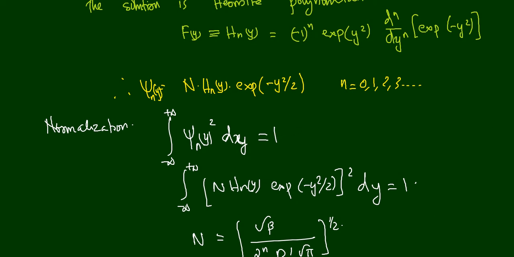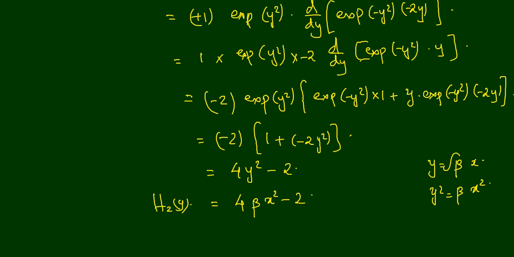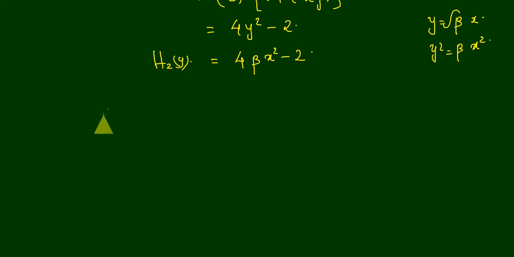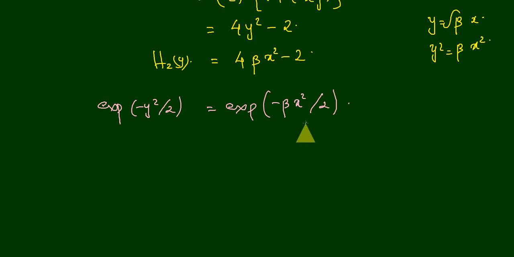Exponential minus y square by 2, with y square equal to beta x square, is exponential minus beta x square divided by 2. Okay, so now we have everything to write the psi expressions for different values of n.